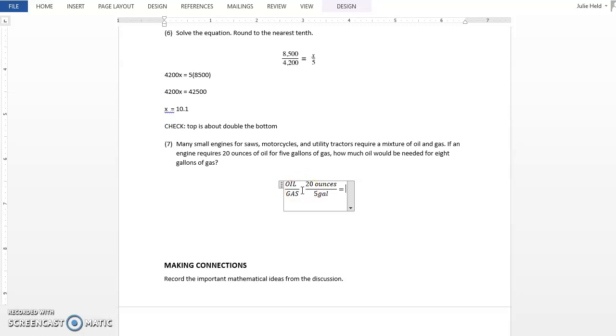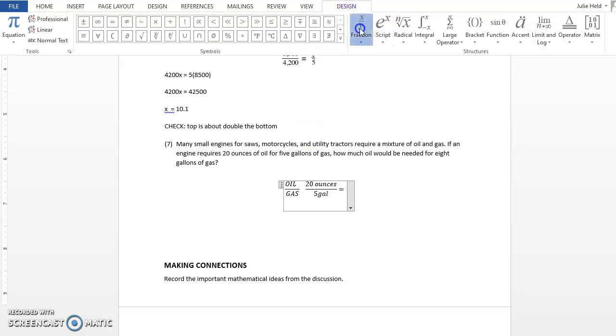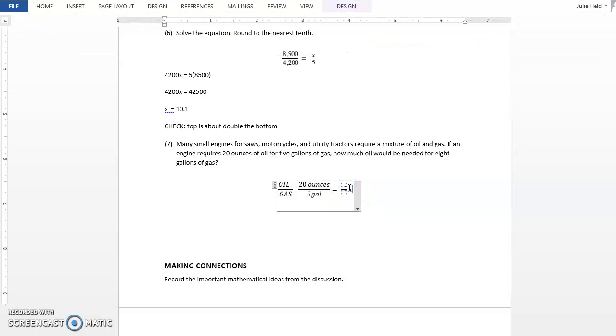So what's the question? It says how much oil, so that means I'm going to need to know what the top is here. How much oil would be needed for 8 gallons of gas? 8 gallons. So I have gallons to gallons, so my gas is consistent. So if I get a value of X, I'll know that I wanted to keep it in ounces.